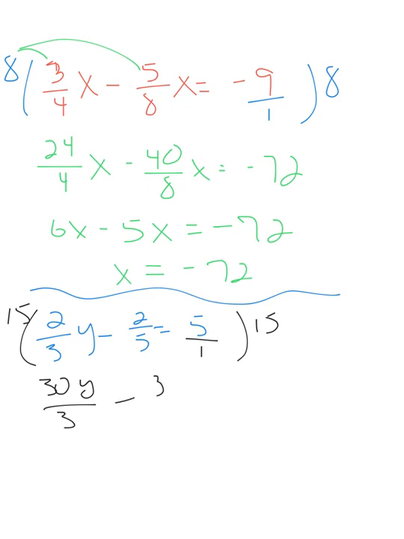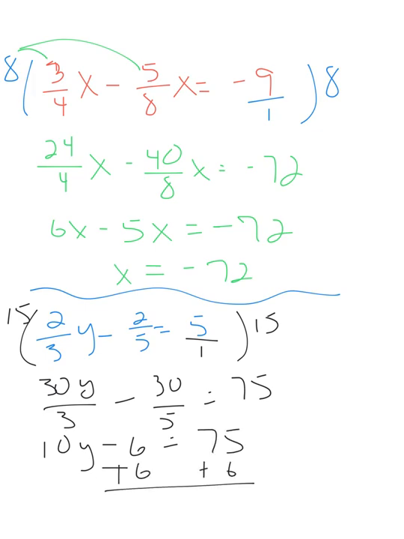Another 30. 75. This is 10y minus 6 equals 75. Add 6. 10y is 81. Divide both sides by 10. y is 8.1. Pretty cool.